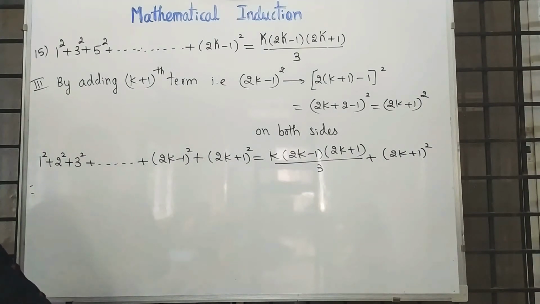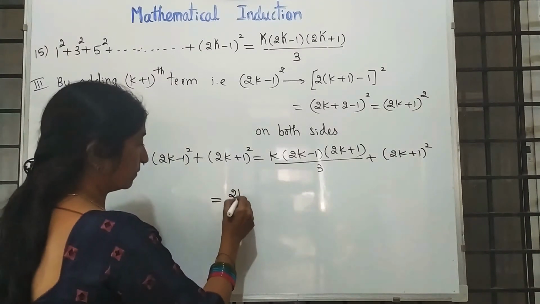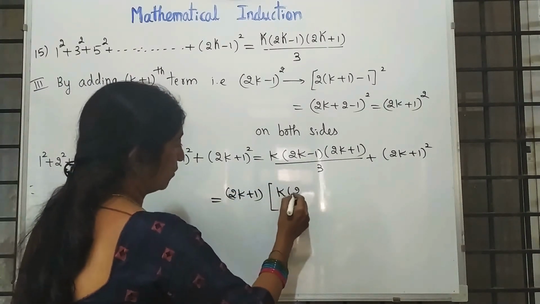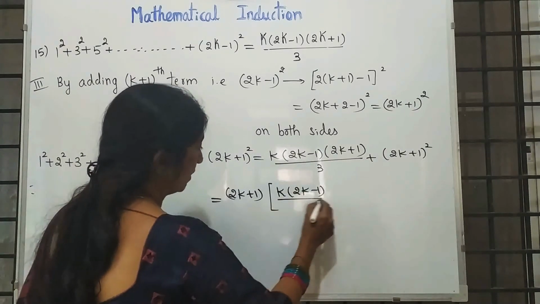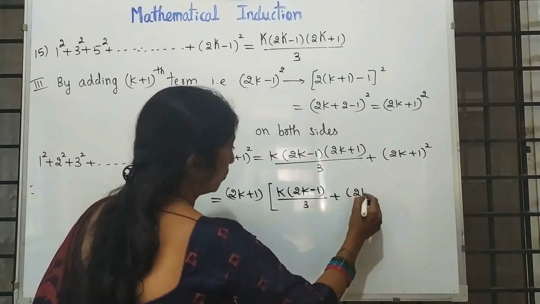Before taking an LCM, take the common term: (2k+1)[k(2k−1)/3 + (2k+1)].